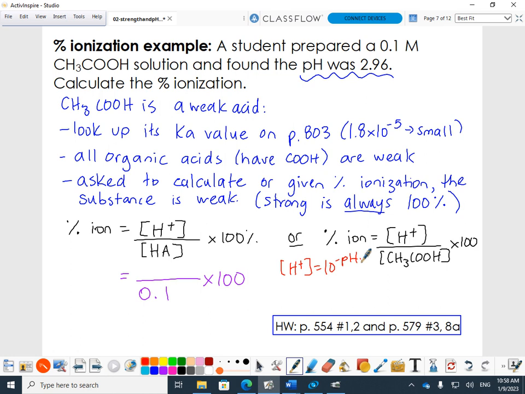So you could even do that first, whether it's an ICE table or not, to get some part marks. Use scientific notation or not, I don't care.